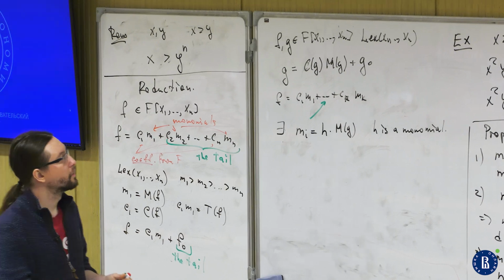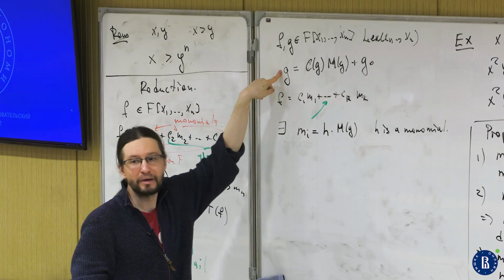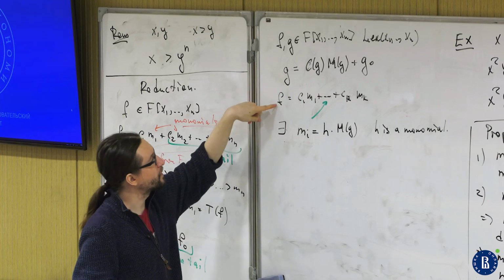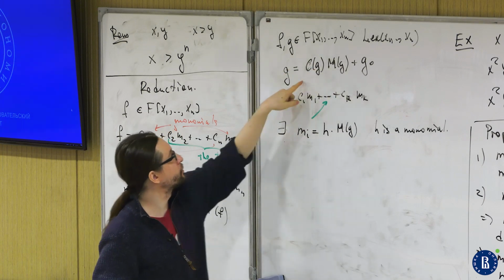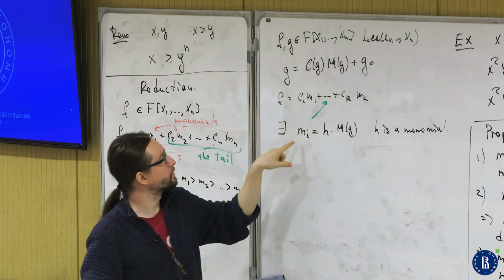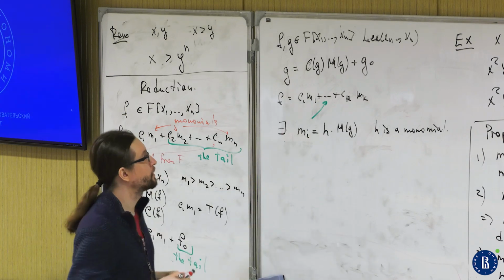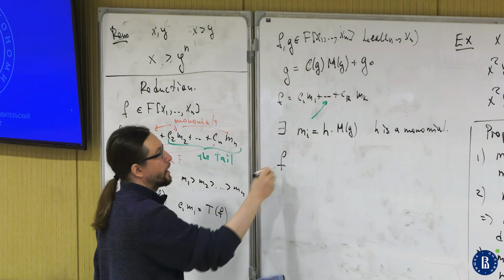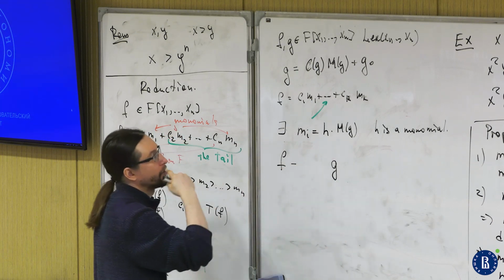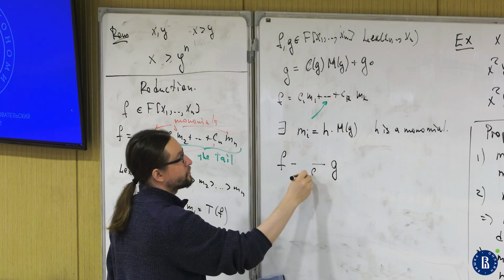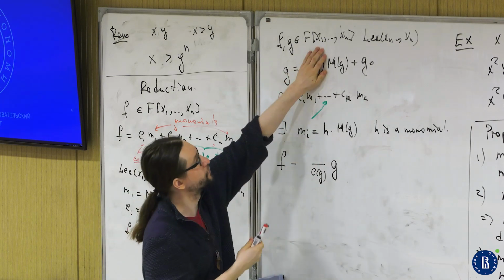Then, what I want to do is multiply g by something and subtract from f such that the highest term of g will kill this monomial mi with the corresponding coefficient. So what should I do? I should take f and subtract g times what? I should divide by c of g in order to cancel this coefficient.